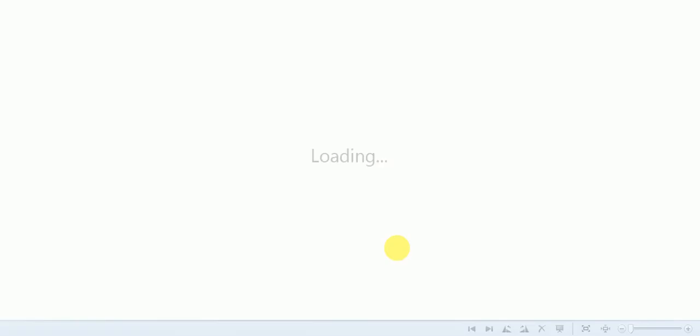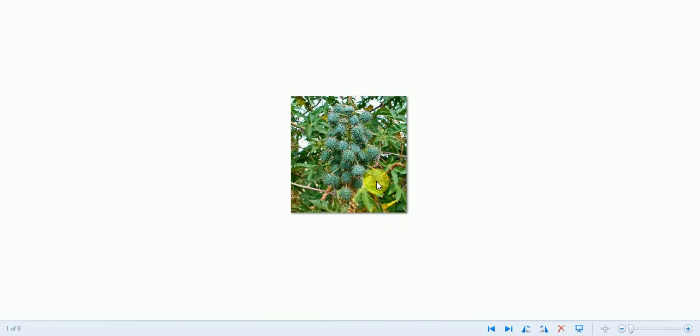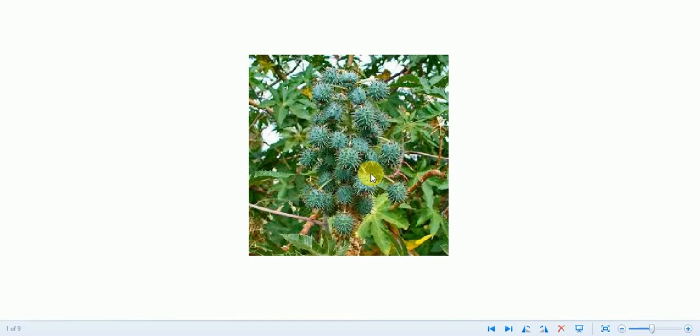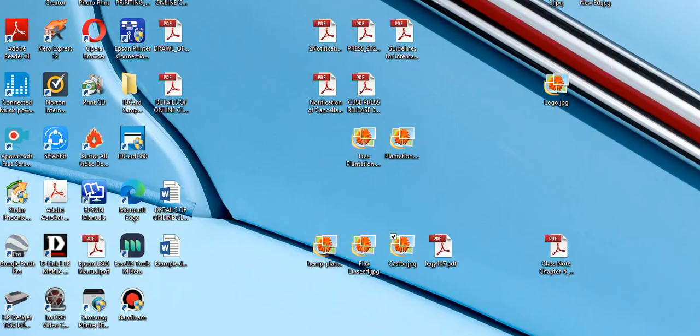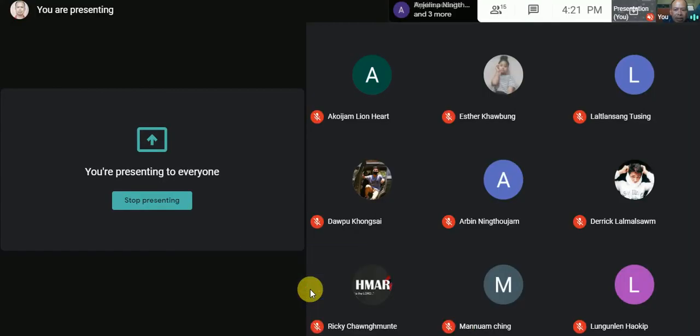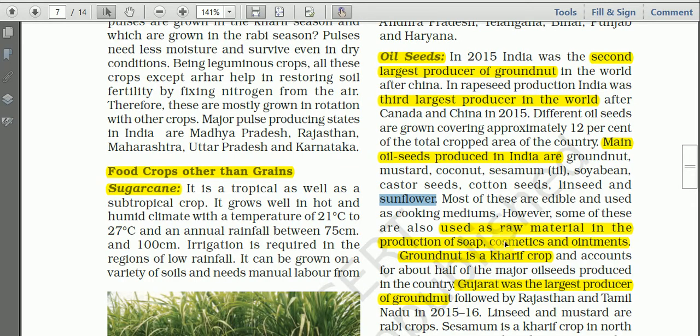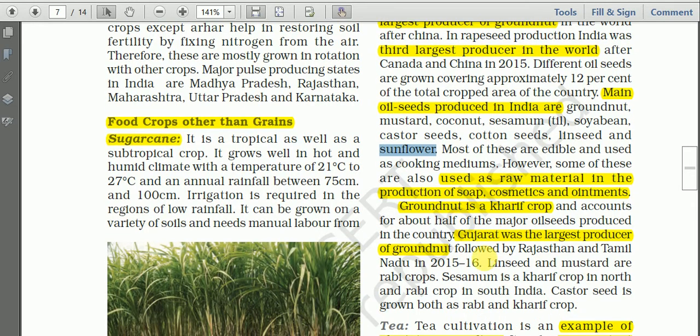And I think castor seed is also grown here. So this is castor seed. This is not edible. Sorry. So let us proceed. Do you see my screen?